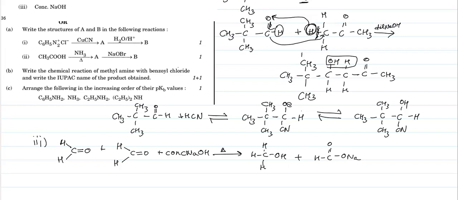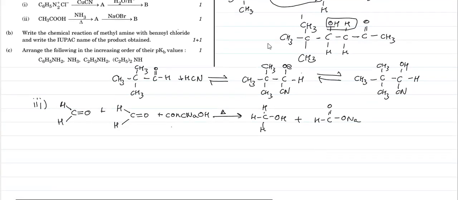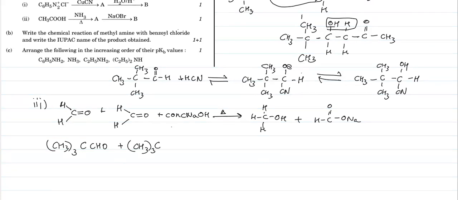Okay, now we're going to apply this particular reaction, or we're going to write this reaction for the compound that has been given to us. So CH3 thrice C CHO plus CH3 thrice C CHO plus concentrated NaOH on heating is going to give us an alcohol and a sodium salt of carboxylic acid.